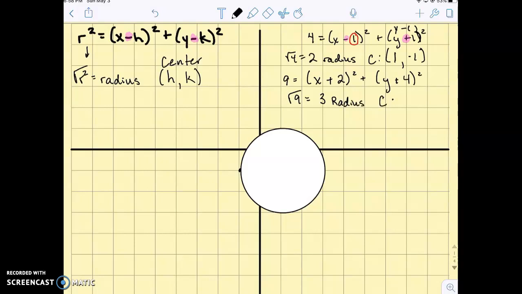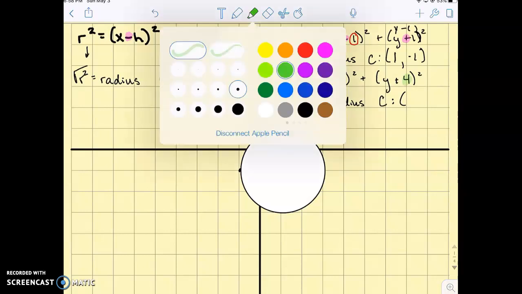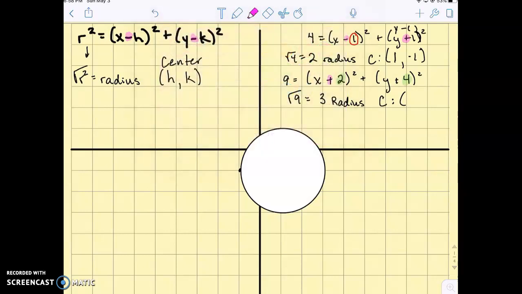My center is going to be those h and k values. So it has something to do with these numbers here on the end. But I have to be super careful about the signage before the 2 and the 4, because that's supposed to be a negative. According to my parent function over here, that symbol between the x and the integer is supposed to be a negative.